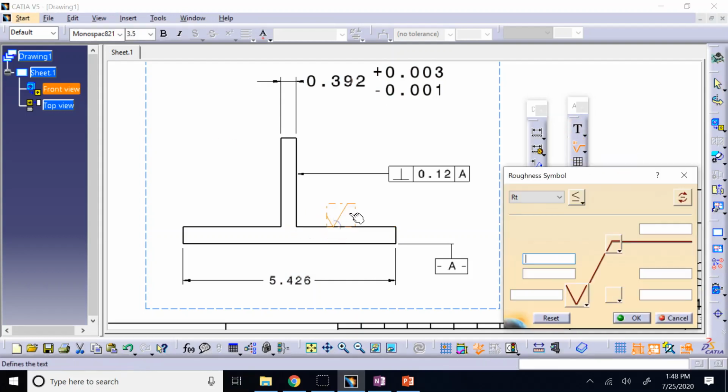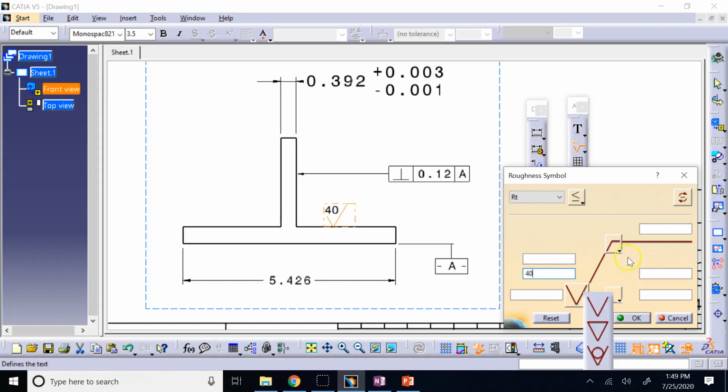So you click on the surface, and then here you provide the average roughness height in microns. By the way, when you say 40, it is 40 microns, so you don't need to write it like this, and you don't need to say 40 microns. Just say 40. They know it is 40 microns.